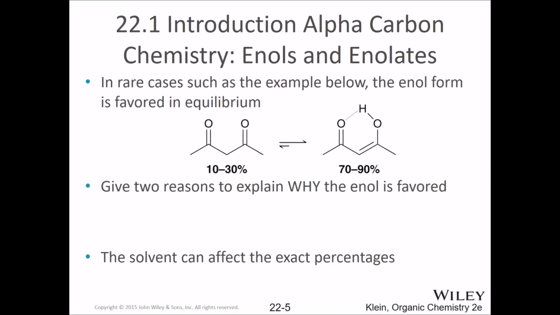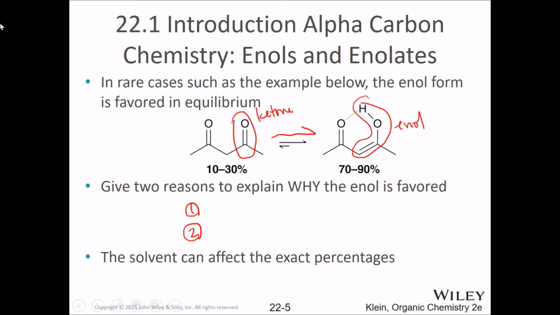All right, in rare cases, such as the equilibrium example below, the enol form is favored. Why is that? Look at this. Give two reasons. 1, 2. And 2 reasons why, in rare cases, 70 to 90% of this ketone is going to exist as the enol.